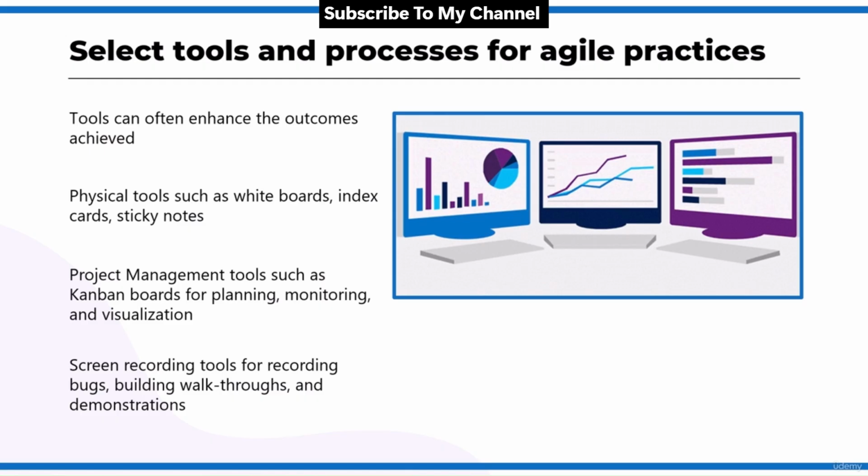You should also have screen recording tools for recording bugs and building walkthroughs or demonstrations for other team members and customers. Apart from Azure DevOps tools and GitHub, there are other standardized tools which can include things like Trello, Active Collab, Agilo for Scrum, SpiraTeam, iScrum, Gravity, VersionOne, and there are many more.